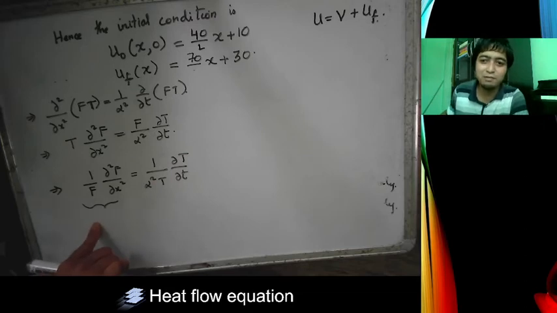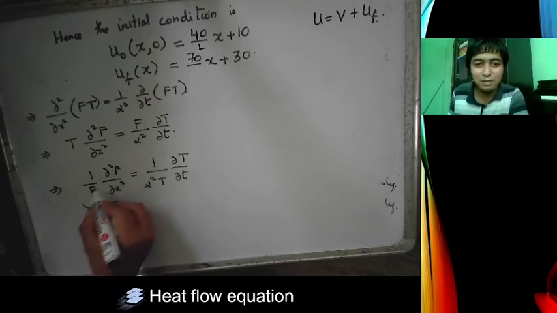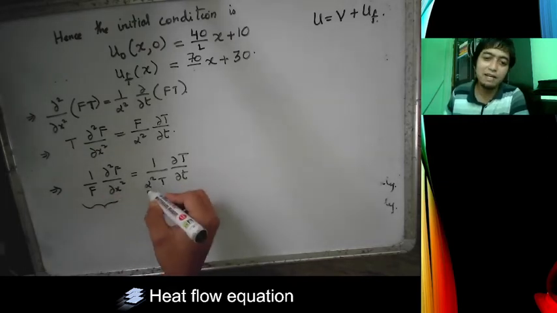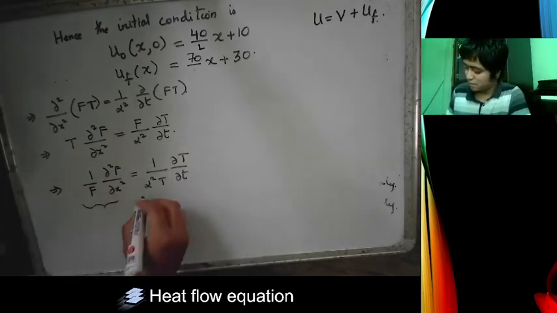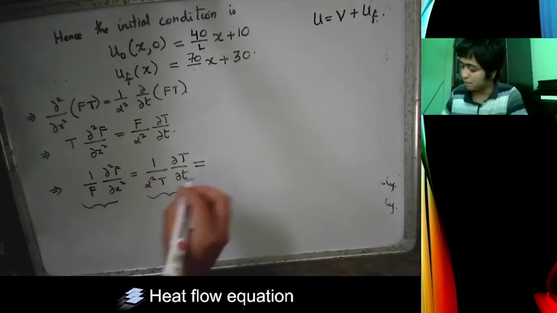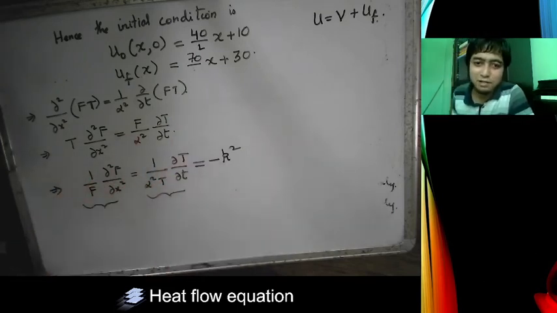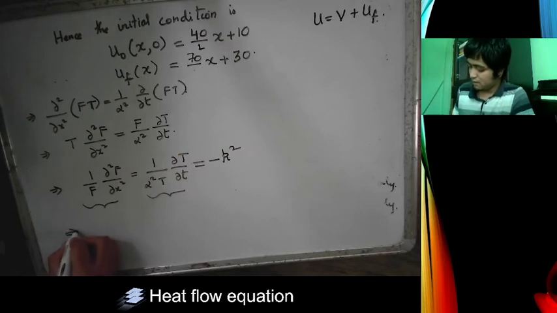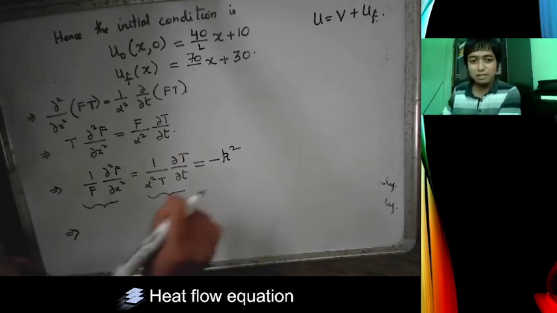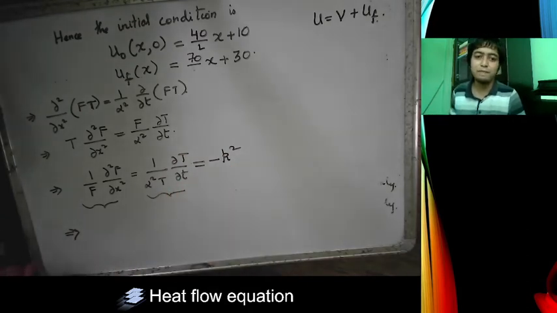This is a space part, which depends only on x, and this one depends only on t, because f only depends on x and T only depends on t. Alpha is a constant. So what can we do now? We can set both of these equal to minus k squared, which we call the separation constant. After this, we will solve this one equal to minus k squared, and again solve the other one equal to minus k squared.